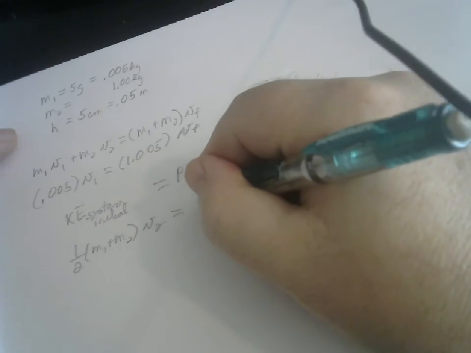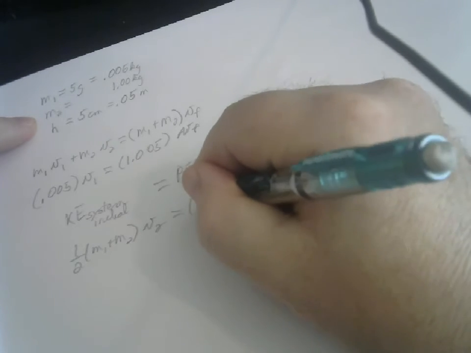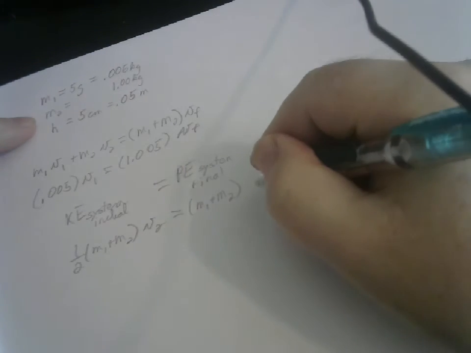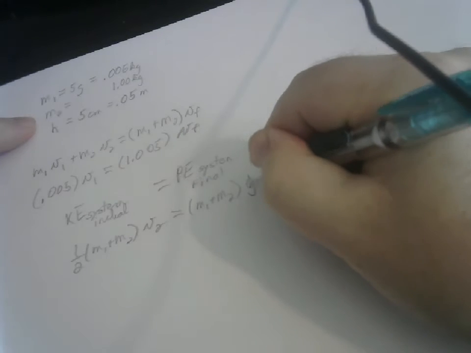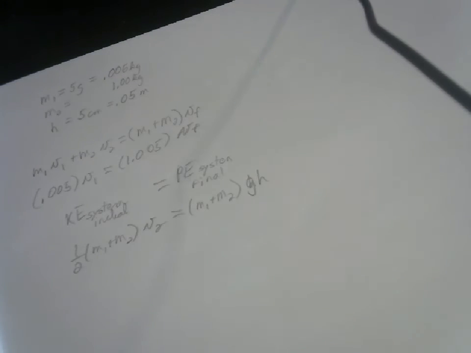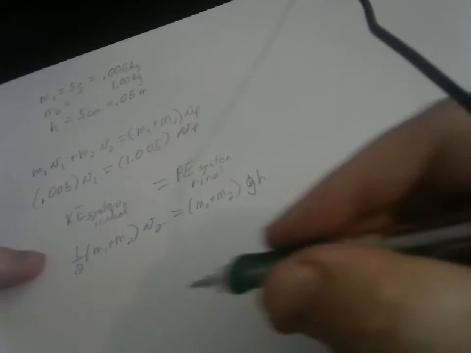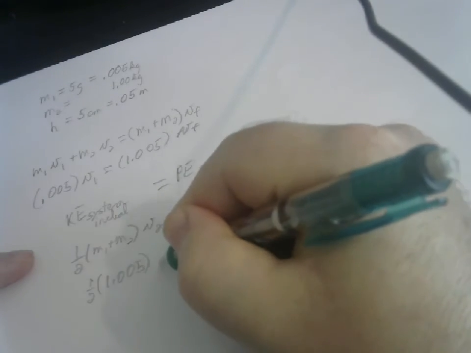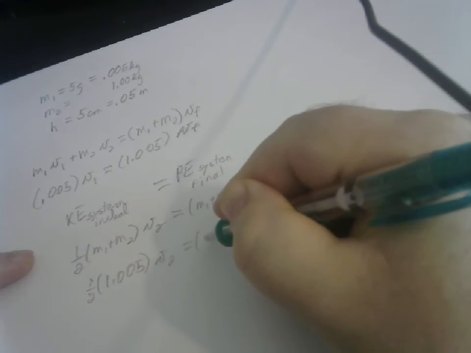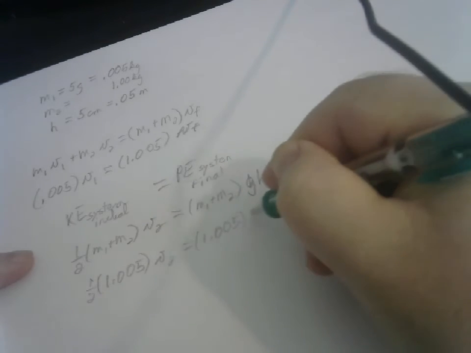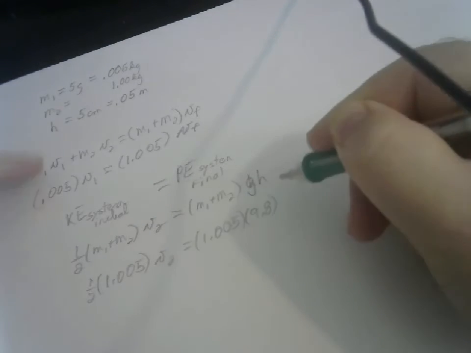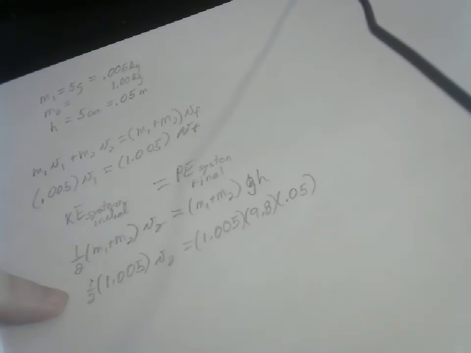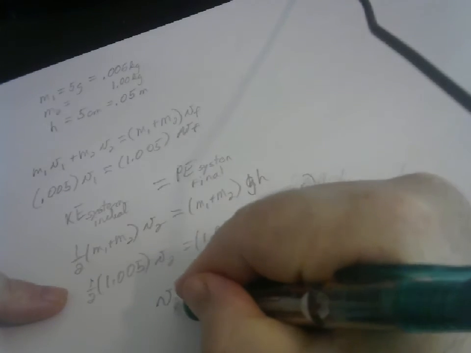So that's (m1 plus m2) g h. So that'll be 1/2 times 1.005 v squared equals 1.005 times 9.8 times our 0.05 meters. So this only has one unknown, so we can solve for that one.